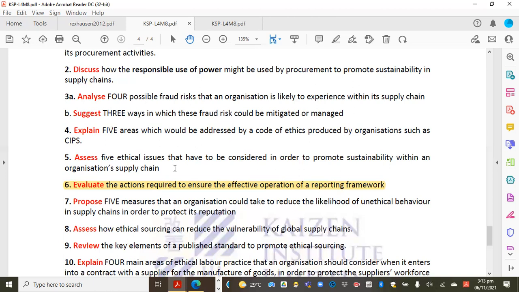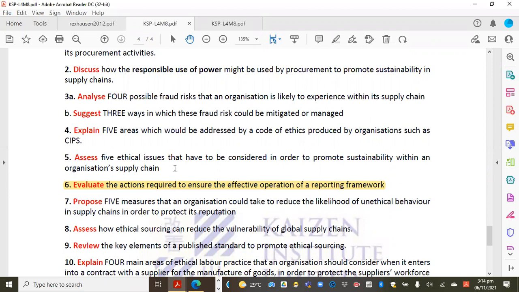They have to work under a safe and hygienic working environment. Regular employment. These are all workers' rights. So very important. I talk about assessing 5 ethical issues: human rights, fraud, corruption, bribery, conflict of interest. These are all ethical issues.